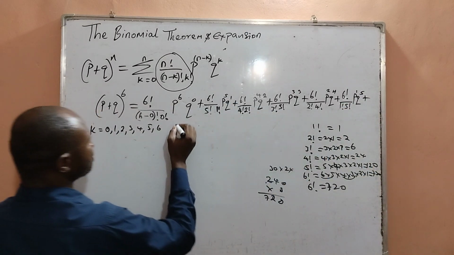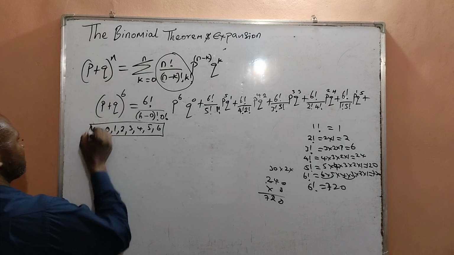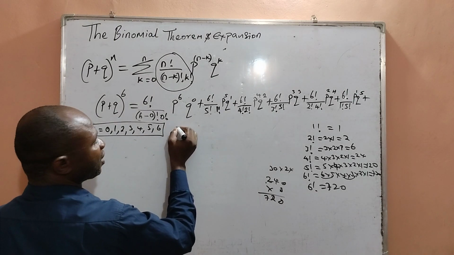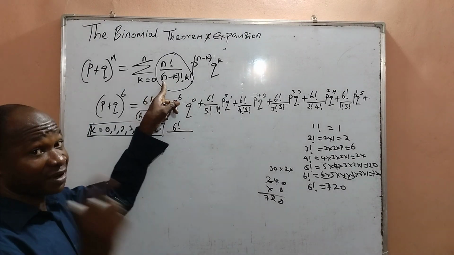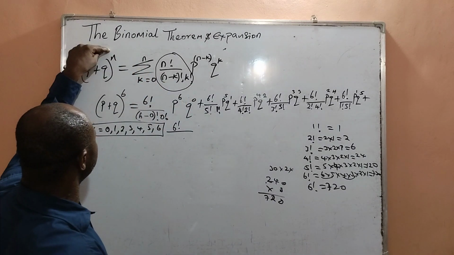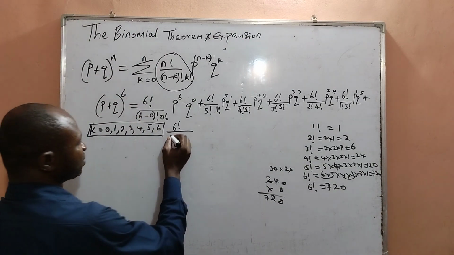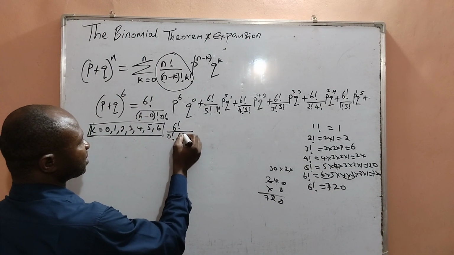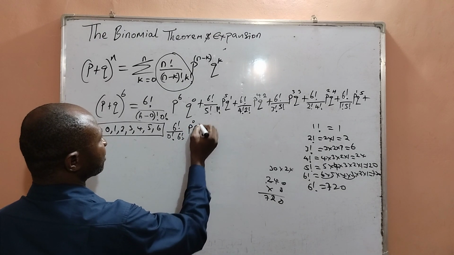Next I have plus 6 factorial all over, this time around n remains 6, constant, but k this time is equal to 6. So 6 minus 6 will give me 0 factorial, then 6 factorial, and I have p raised to the power 0 and q raised to the power 6.